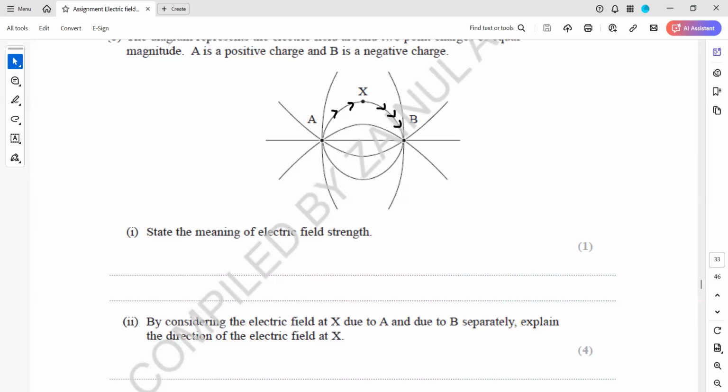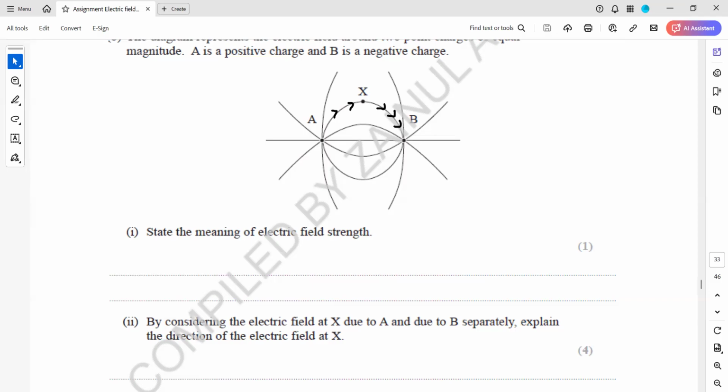When we write the answer, we have to explain. At X, a positive charge placed at this point will experience a force away from A, so the electric field due to A is in the direction of AX.